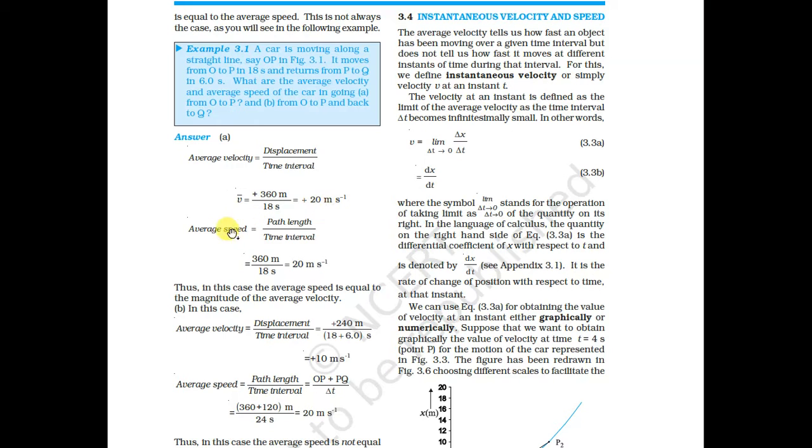For average speed, path length upon time interval: the path length O to P is 360 meters divided by 18 seconds, which is 20 meters per second.